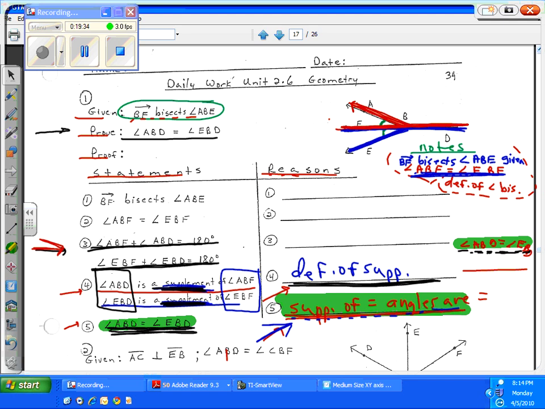If we look in the diagram, we see that, hey, those two angles go together to make a straight angle, and a straight angle is 180 degrees. So I could say that they add up to 180 because of the definition of a straight angle.